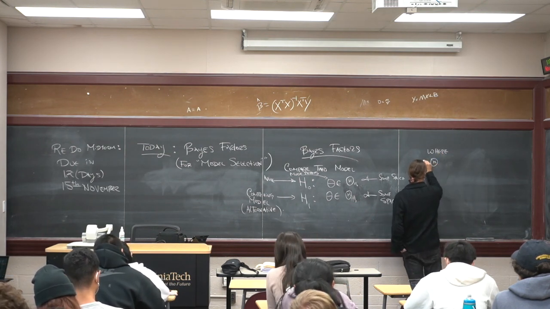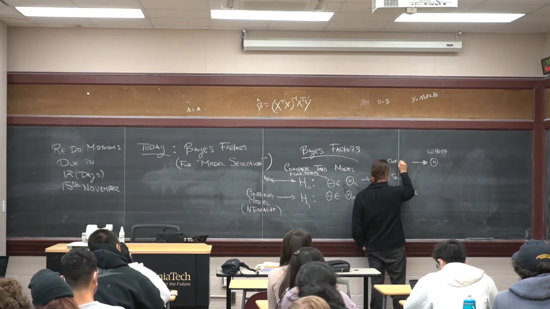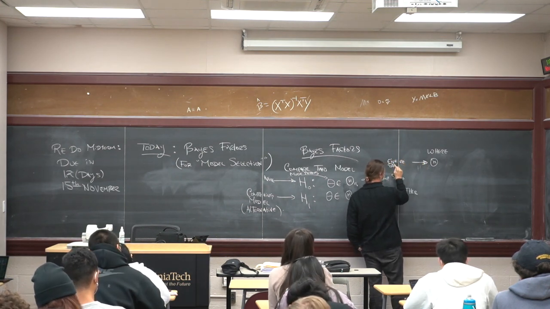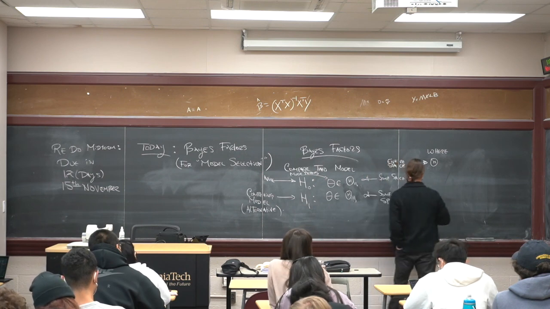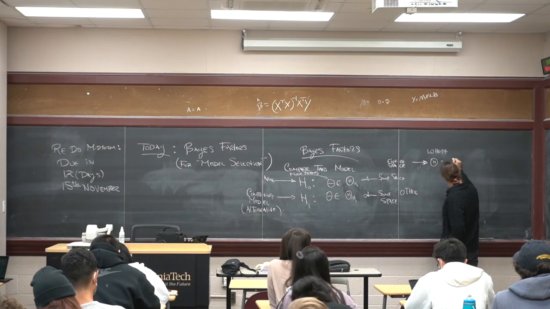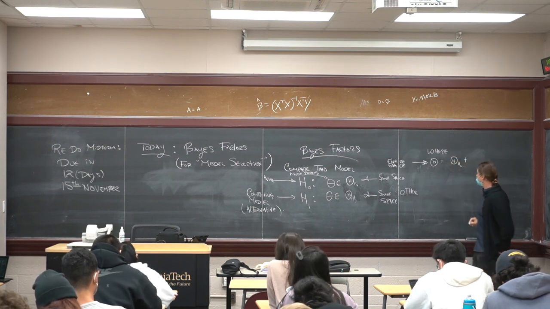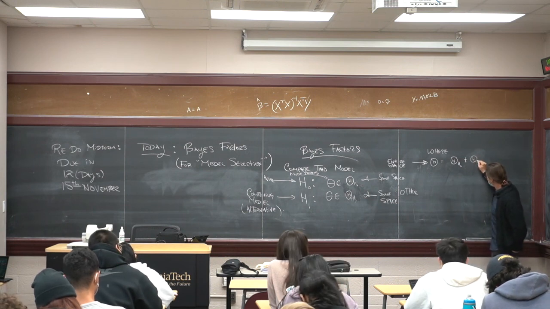And I'm going to say where theta, this is going to be the entire space. It's going to be the union of theta naught, theta H naught, and theta H1.